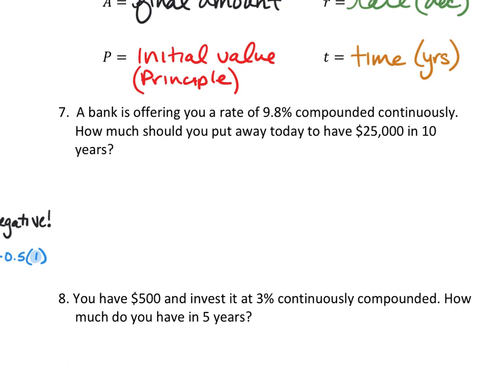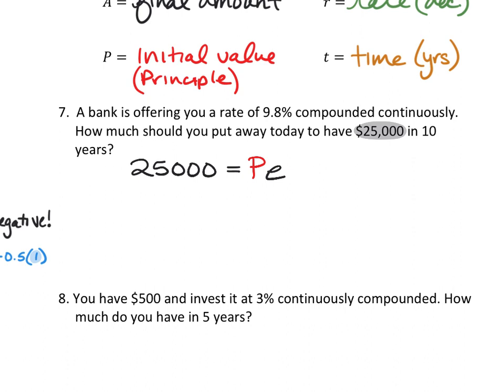Okay, the number $25,000, is that A or is that P? Is that the amount I'm starting with or is that my final amount? Final. So when we fill in my formula, I'm going to put $25,000 in the final amount spot. Do I know the initial amount? No. So I'm going to leave P in my formula because I don't know what it is.